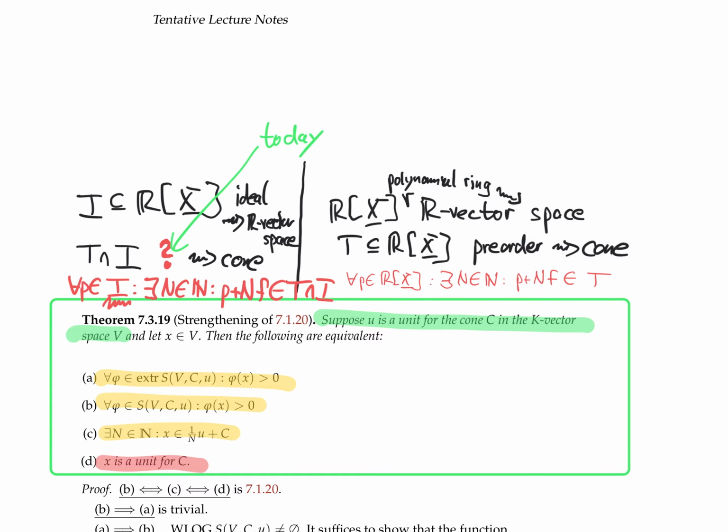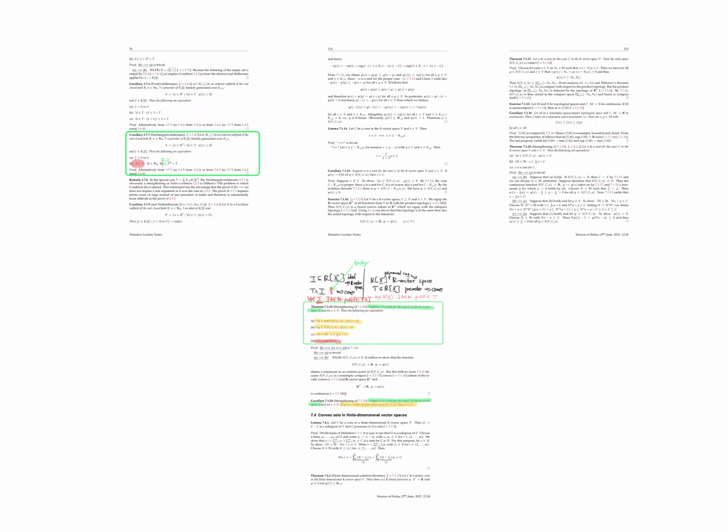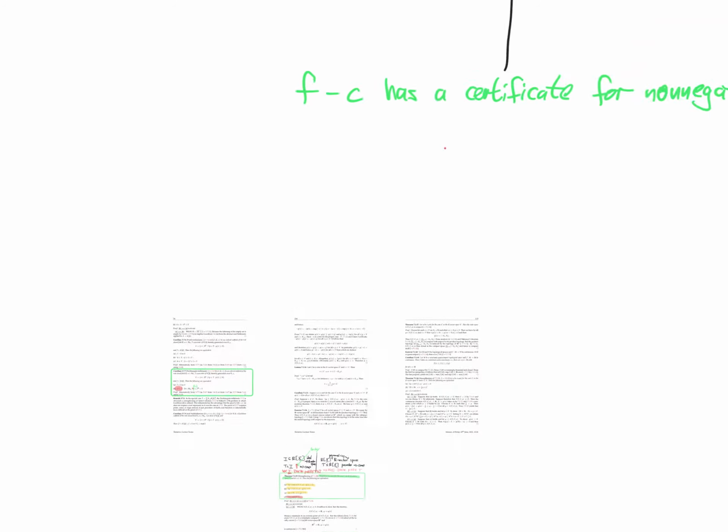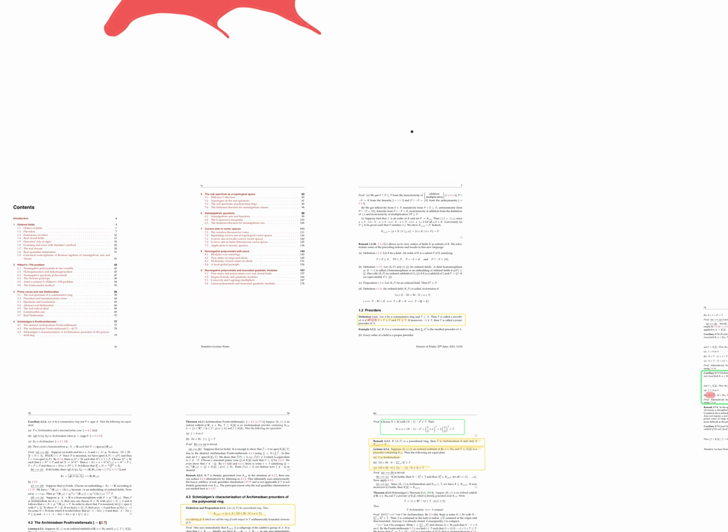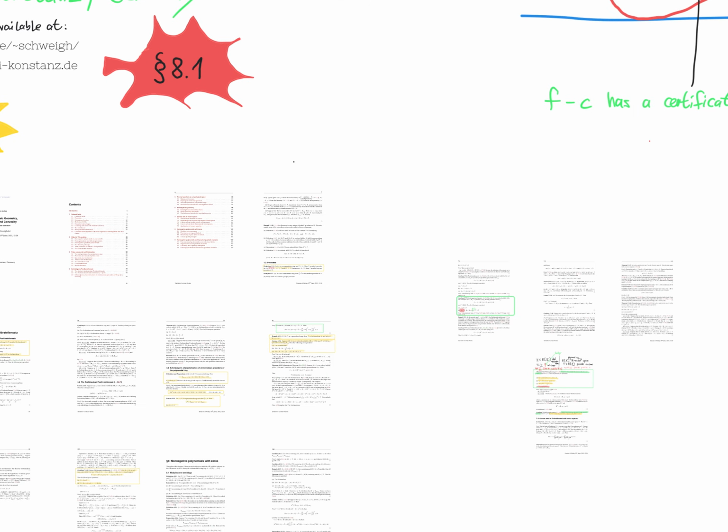So I think it was important to speak about the rough setup, why we do this actually today, right? Because today we will actually give many definitions and find ways of proving that some things are units for some cones.